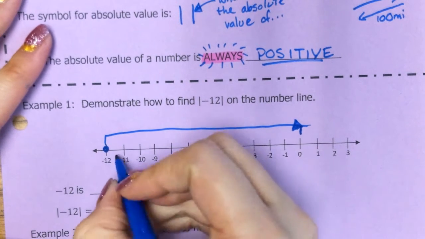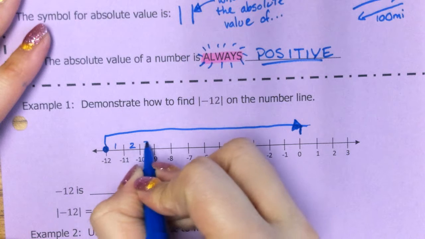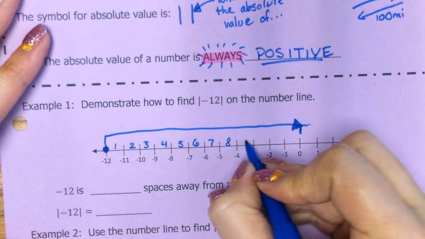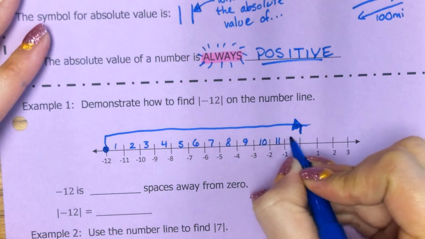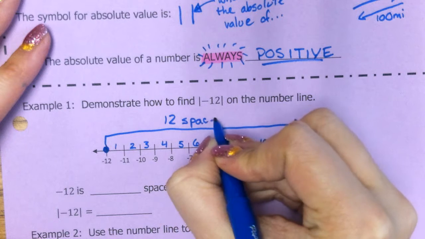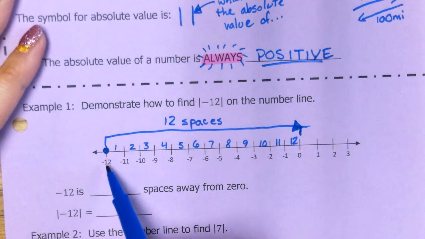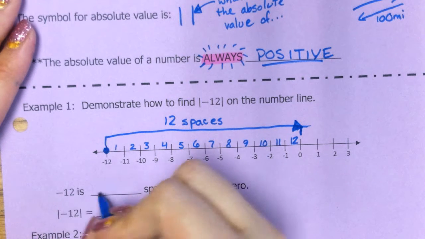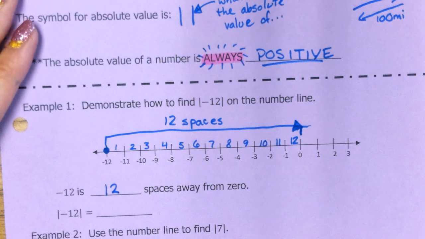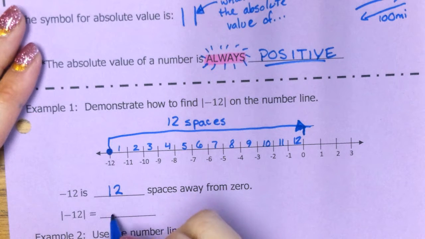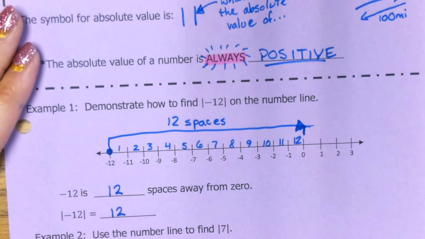How far did I move? I'm going to count my spaces: 1, 2, 3, 4, 5, 6, 7, 8, 9, 10, 11, 12 spaces. So the distance between negative 12 and 0 is 12 spaces. So negative 12 is 12 spaces away from 0, which means that the absolute value of negative 12 is 12.